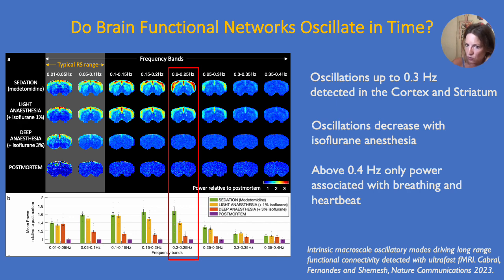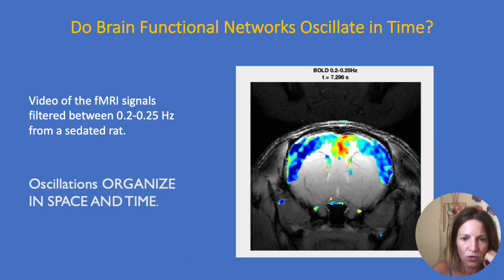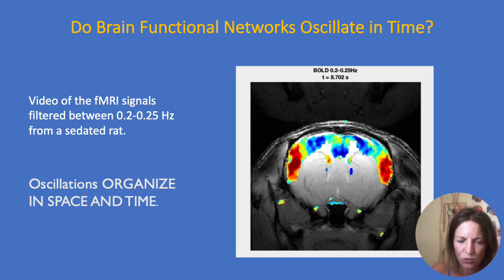So what we did was to take a scan of a sedated rat, and we filter in that frequency range. And I will show you here what we see. So if we do filter the signals between 0.2 and 0.25 hertz, we see signals that exhibit sustained periodicity.